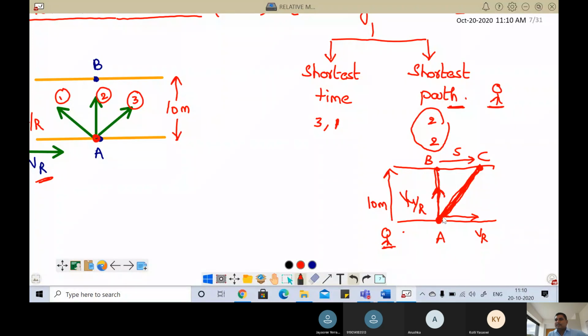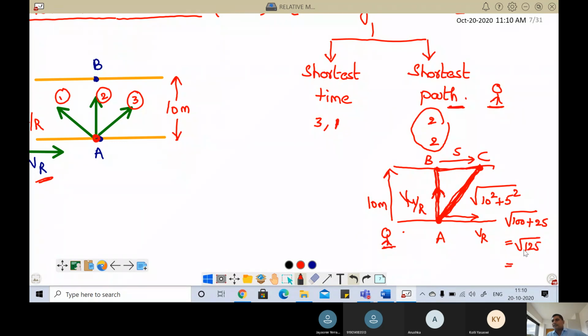Now what is this distance AC? In this triangle, what is the hypotenuse? Root over 10 square plus 5 square, that is root over 100 plus 25, root 125.